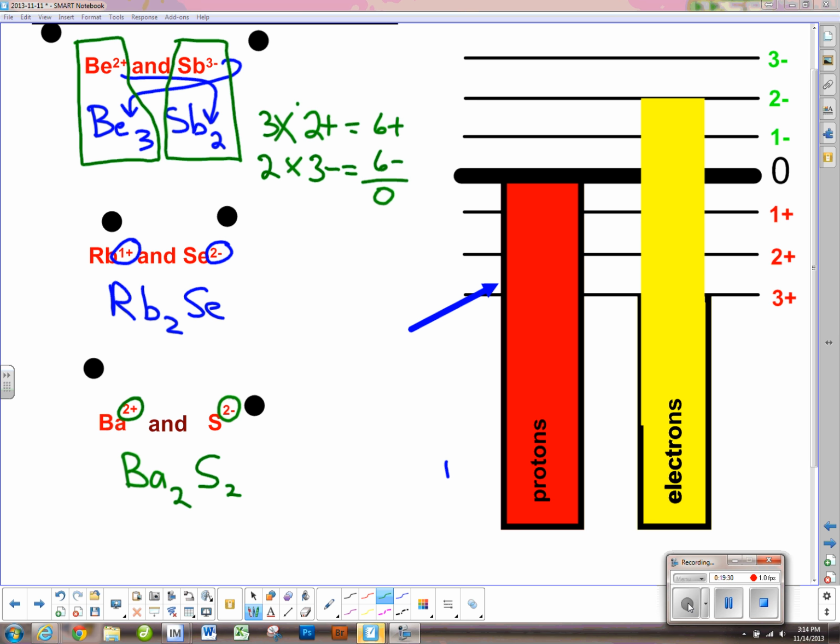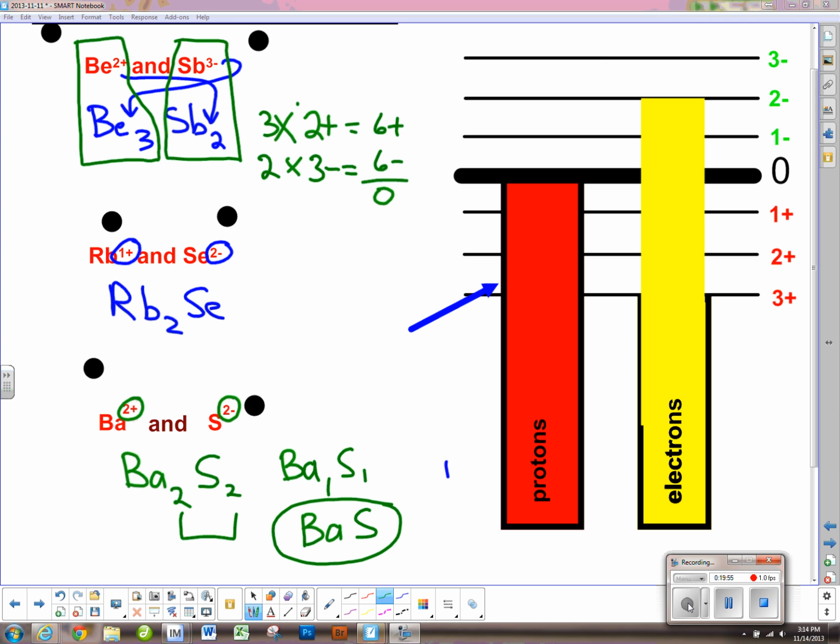But you'll notice that we have a ratio here of 2 to 2. That ratio of 2 to 2 means that it has to be simplified. So you might think, okay, well, then I'll do it barium 1, sulfur 1. No, that's a no-no. We don't write 1s, so the actual formula that you need is BaS.